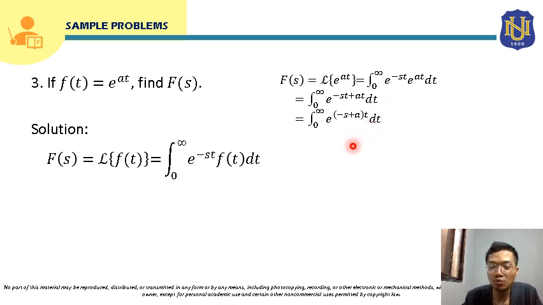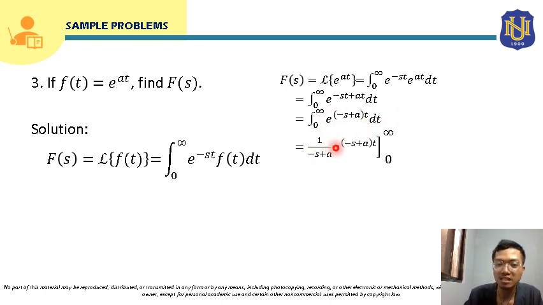It will just be multiplied by the reciprocal of the coefficient of variable t, which is negative s plus a. So the integral will become 1 over negative s plus a times e raised to negative s plus a times t, and we will evaluate this from 0 to infinity.